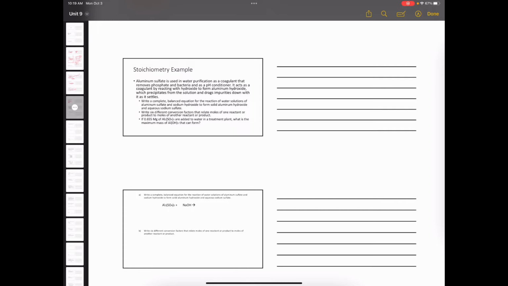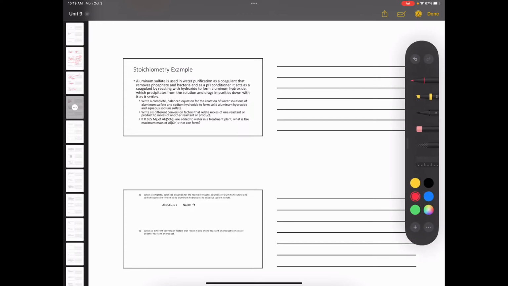It acts as a coagulant by reacting with hydroxide to form aluminum hydroxide, which precipitates. So the keyword here is precipitates. So we now know aluminum hydroxide precipitates, which means it's a solid material from the solution, and it drags impurities down as it settles.